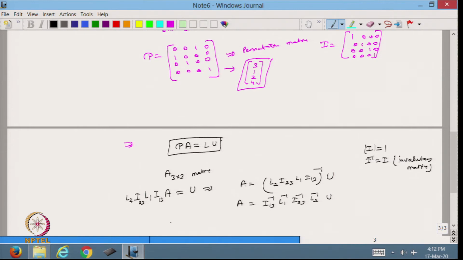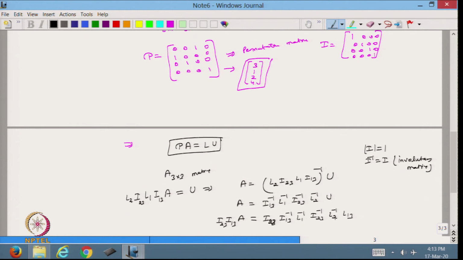So, now I can write this as I13 I23. So, I will put the value here, and I will get I13 23. So, I am multiplying by this one, I13 inverse, L13, I23 inverse, L2 inverse, and then L13.